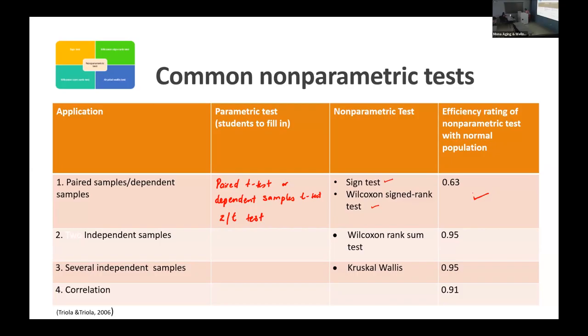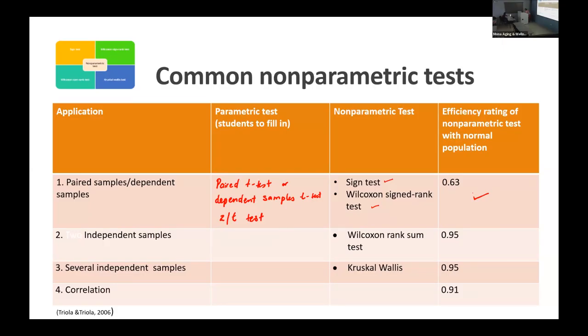And what does that even mean? That means that your ability to pick up a difference, if one exists, is 63% of the time if you use a non-parametric test compared to a parametric test.